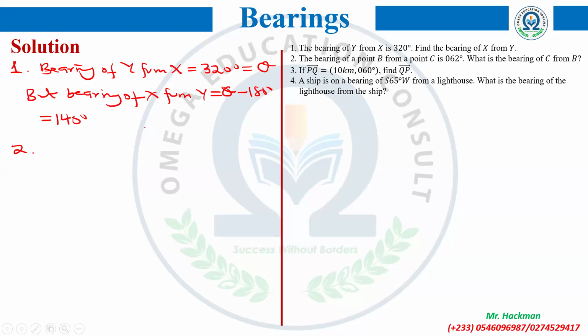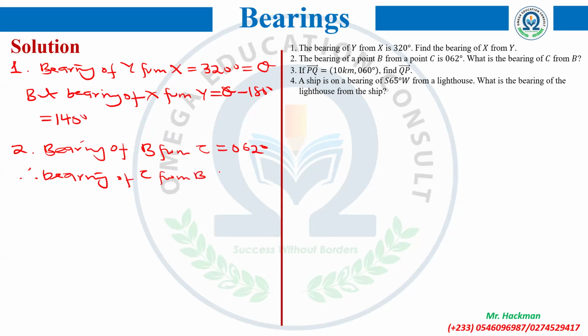Question 2, the bearing of B from C is 062 degrees. So the bearing of B from C is equal to, this time I'll present it in a better, more mature way. So the bearing of C from B, which is the back bearing, will be equal to, because this is less than 180, I will add 180 to this.